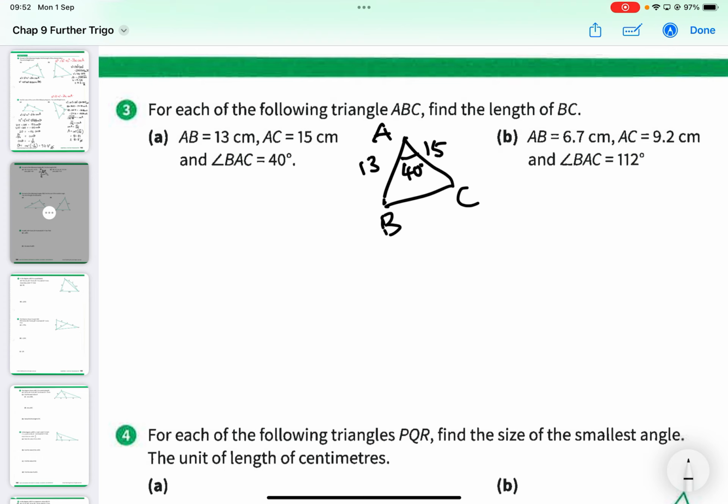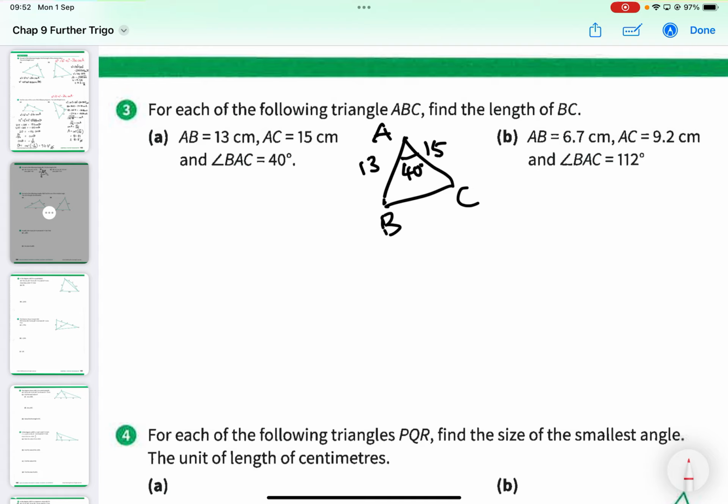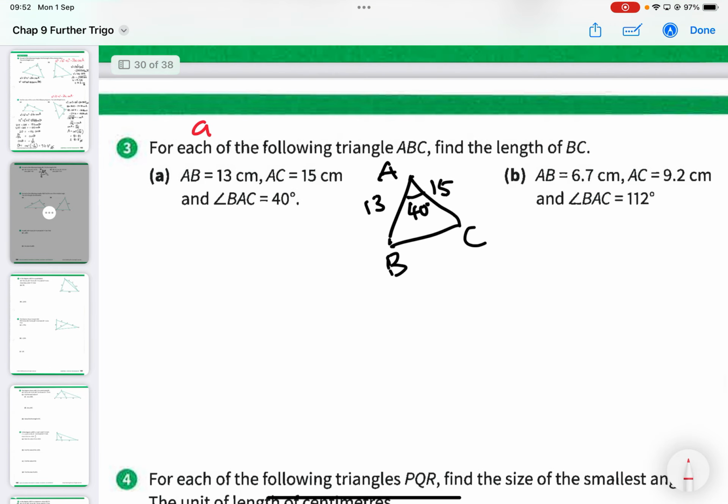With this sketch, you can know already, we have an angle and no opposite side, so we cannot use sine rule. The only way is cosine rule. Then how to put the naming? That is the challenge in all these cosine rule problems. A square equals B square plus C square minus 2BC cosine A. I must be able to recognize that my big A is 40.